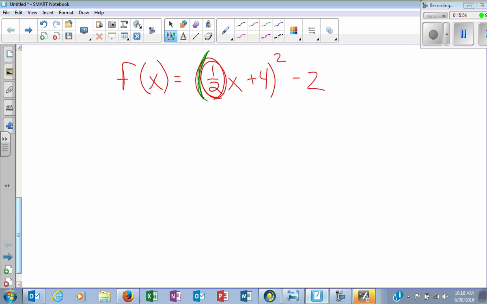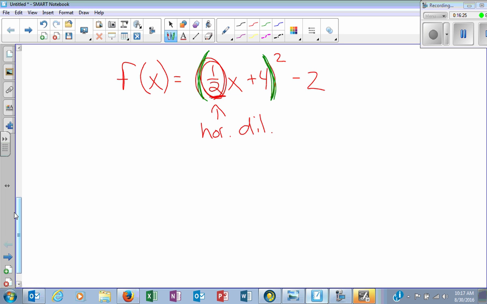It's inside my parentheses. That is how you are going to know that this is not a vertical, but it is a horizontal dilation. It's going to happen inside the parentheses. Do you see the difference between the horizontal and the vertical? Are you with me?